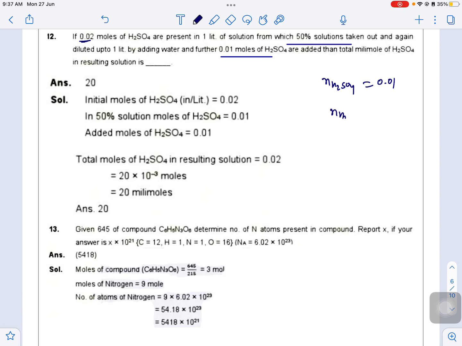So the net moles of H2SO4 will be 0.01 plus 0.01, that is 0.02. So the total millimoles will be 2 into 10 power minus 4 millimoles, that is 20 moles. 2 into 10 power minus 4 moles, that is 2 into 10 power minus 3 moles. We can write it as 220 millimoles.